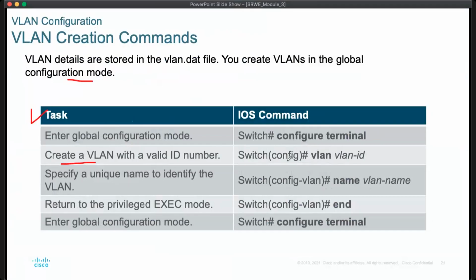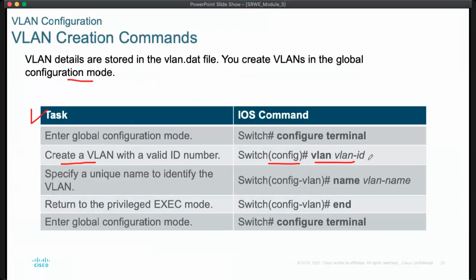Next, create a VLAN with a valid ID. At the config prompt you type vlan and then the VLAN ID. You can put any number and specify a unique number to identify the VLAN. As we know, it can be assigned up to 4,000.